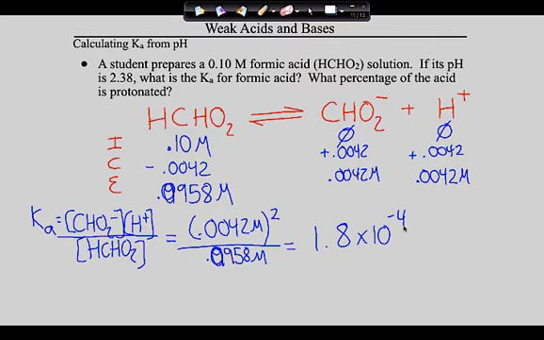But now, guys, we're going to do this. We're now going to figure out the percentage of this acid that is protonated. What we know is that this acid has a Ka of 1.8 times 10 to the negative fourth. So how much then of this acid is actually broken apart? In order to figure that out, this is new, you want to write this down.